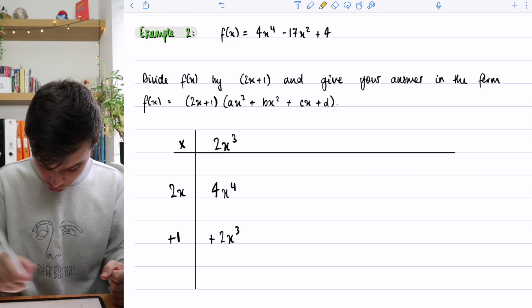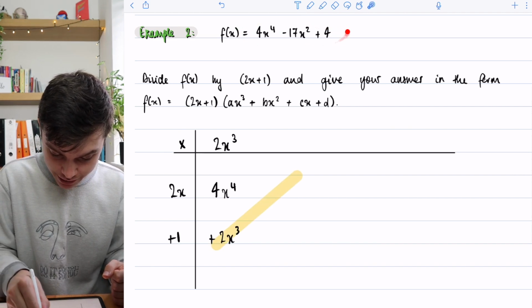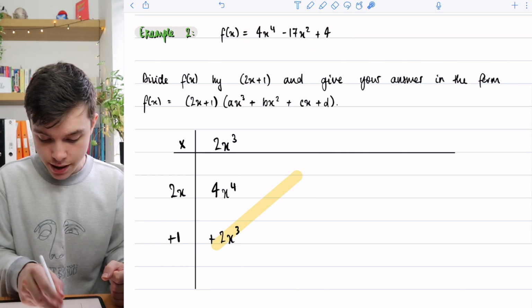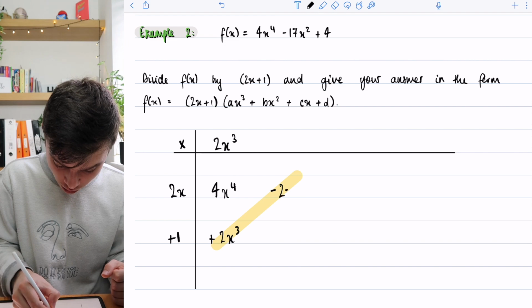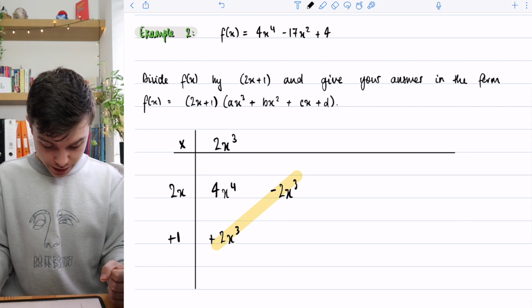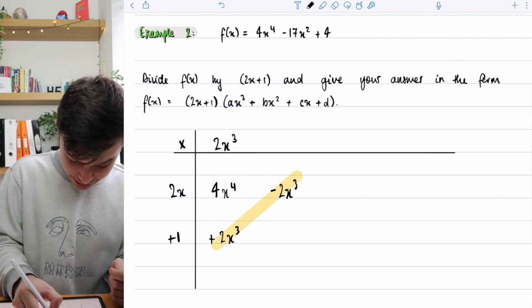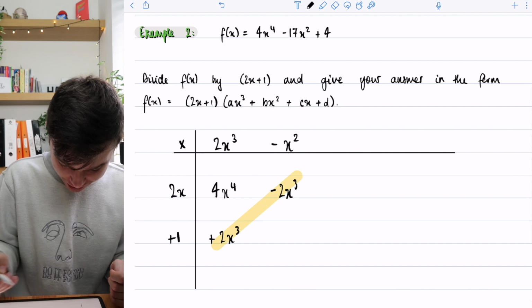Work along the diagonal. I can see that I have no x cubed terms in my f of x quartic. So I'm going to need to take off my 2x cubed terms along the diagonal. Okay, what do I need to multiply that by? That is going to have to be a negative, and it's going to have to be a negative x squared.